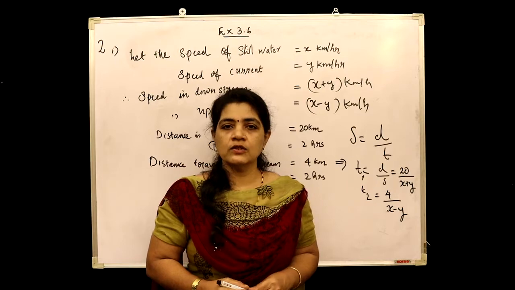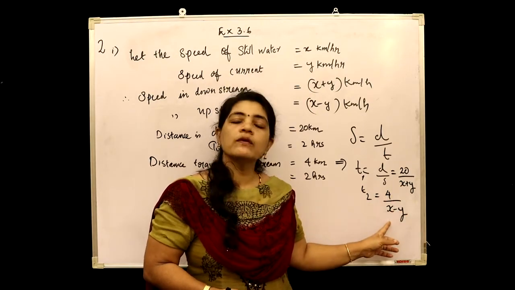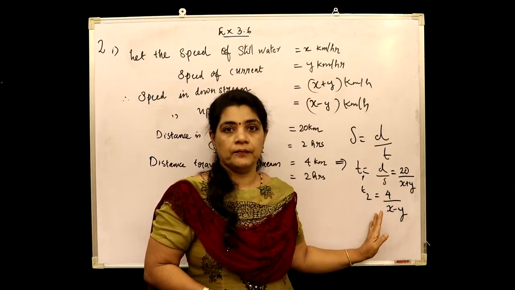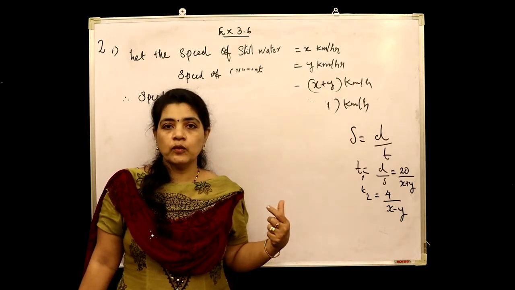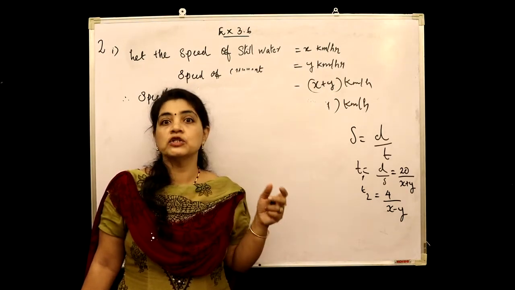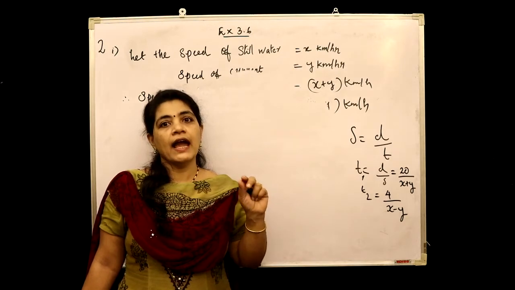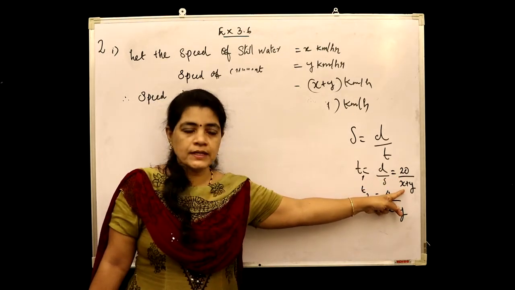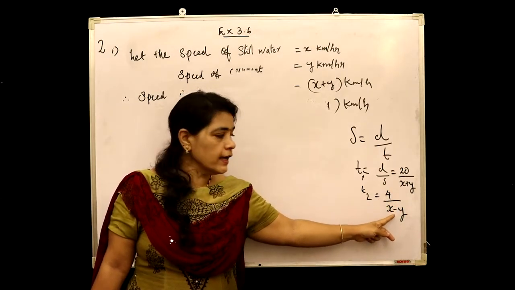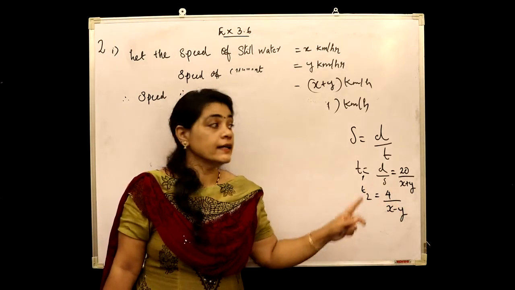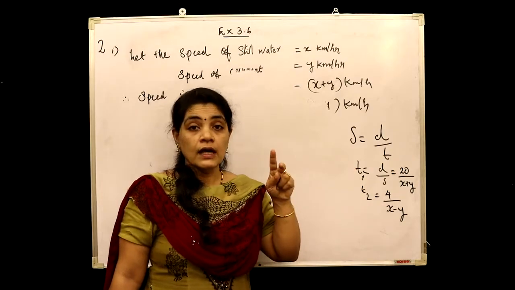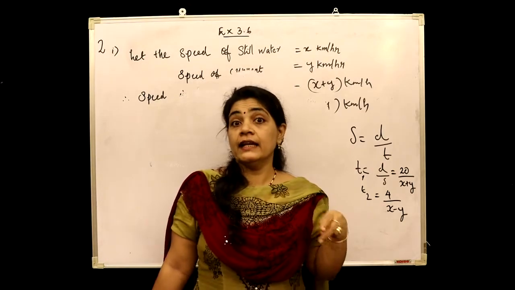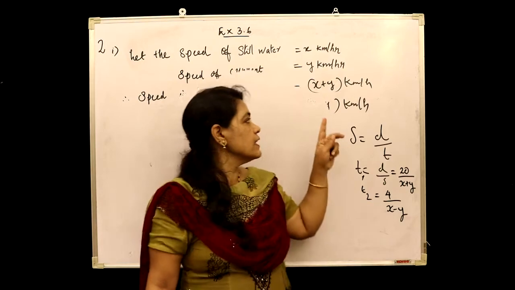Is it okay children? So we have two equations with respect to time, that is T1 and T2. We have already T1 as 20 by x plus y and T2 as 4 by x minus y. The time taken for 20 kilometers of journey in downstream is 2 hours, that is given.